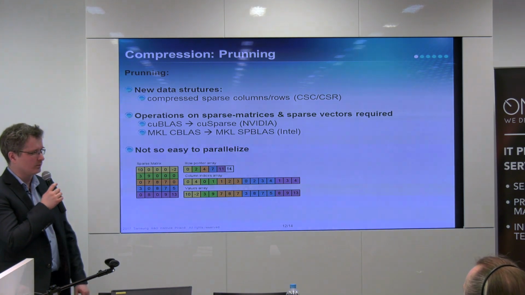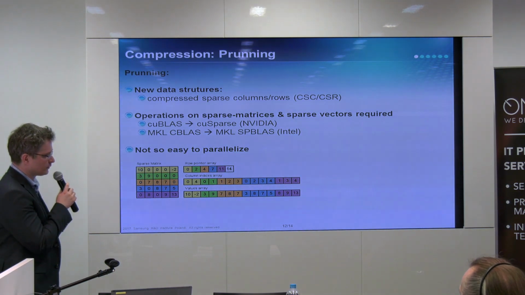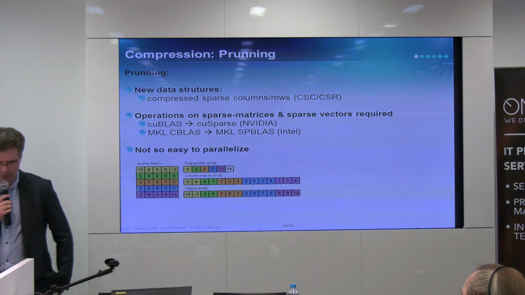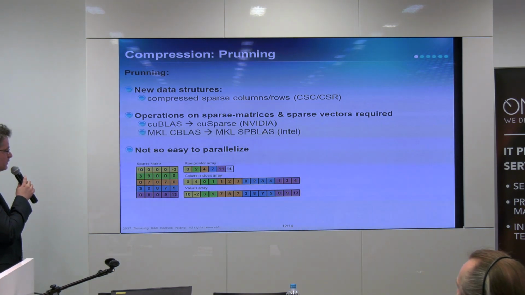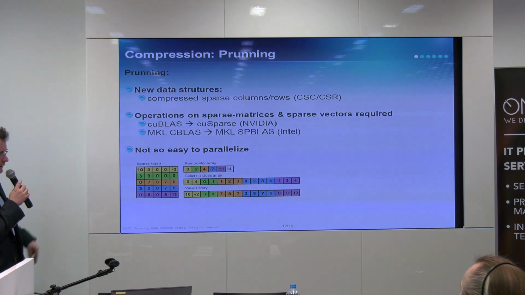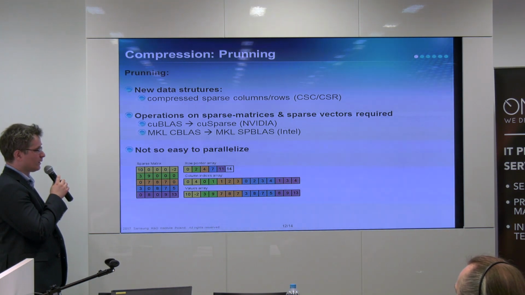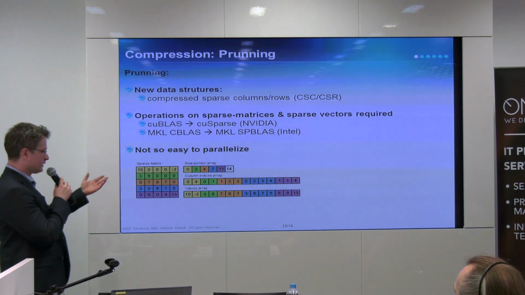Okay, it's possible, but there are other problems which arise. Because most frameworks for deep learning are based on libraries which use dense matrix by dense vector multiplications, we have to use the sparse version of this. Okay, there are possibilities.